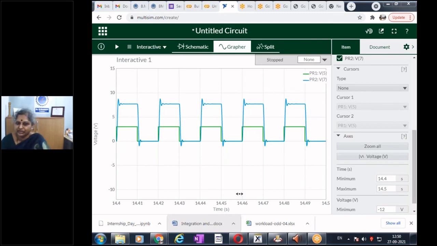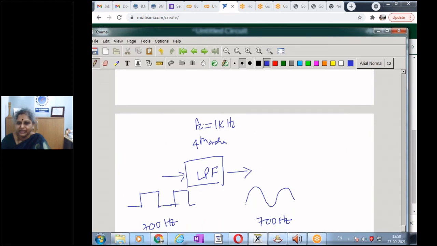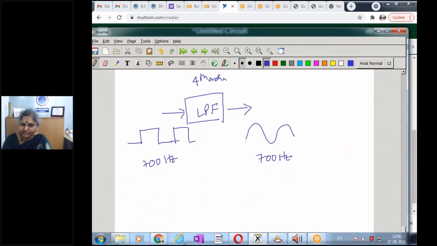So for the same low pass filter, when I give a square wave of 50 hertz, I am almost getting a square wave.